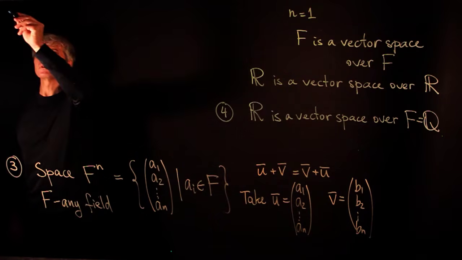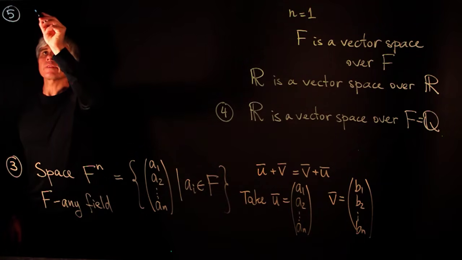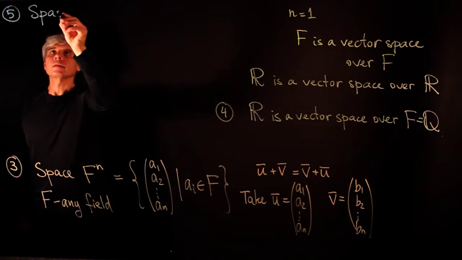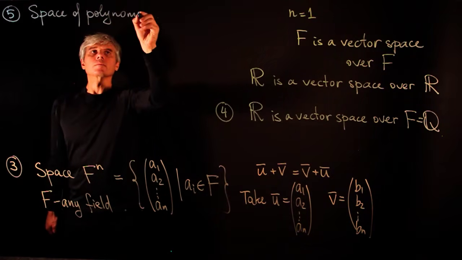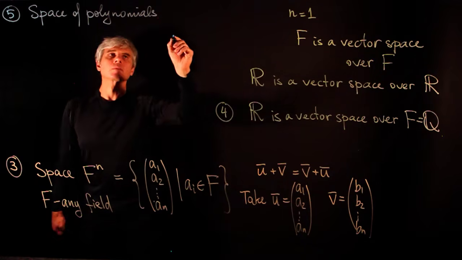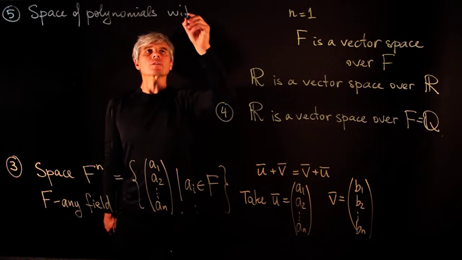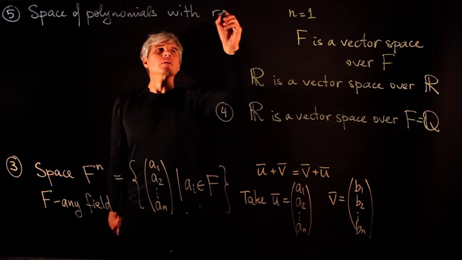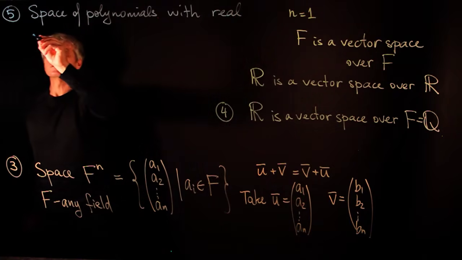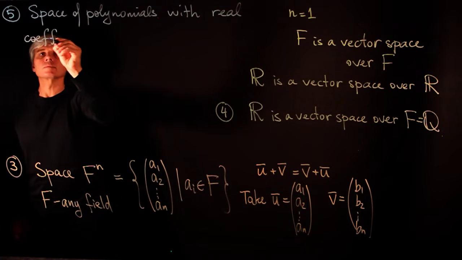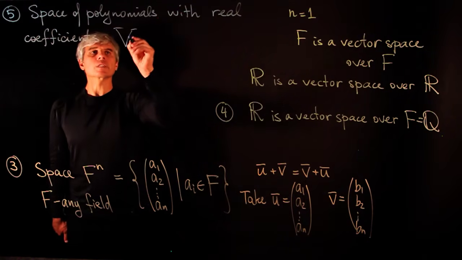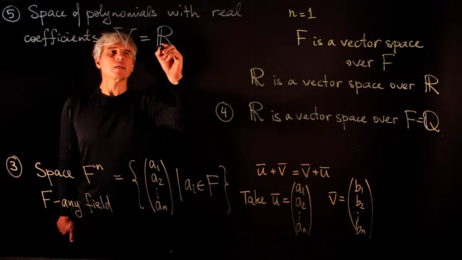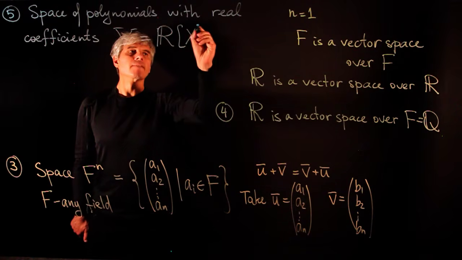Our next example is the space of polynomials with real coefficients. So in this case, V is R of X. Right?